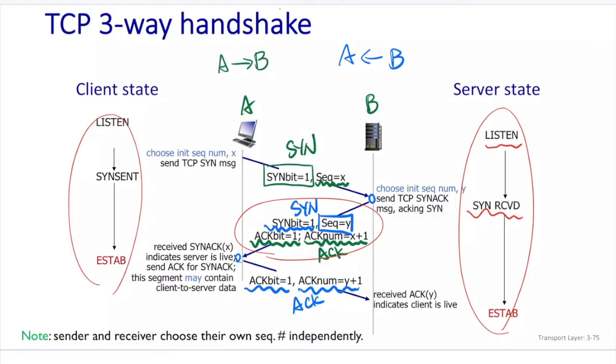And after B receives the last green ACK, it goes to the next state called established. That is at the right hand side.